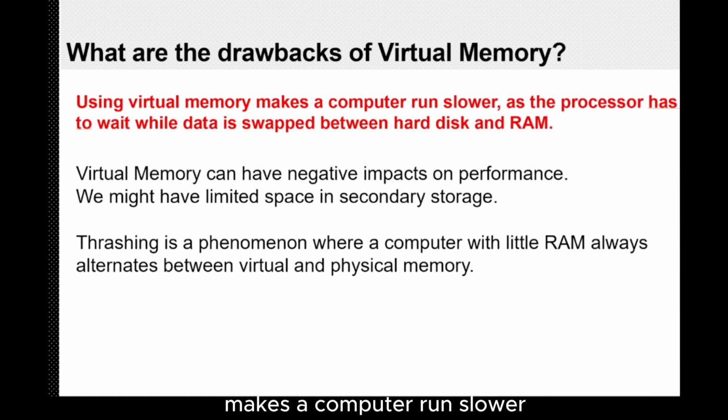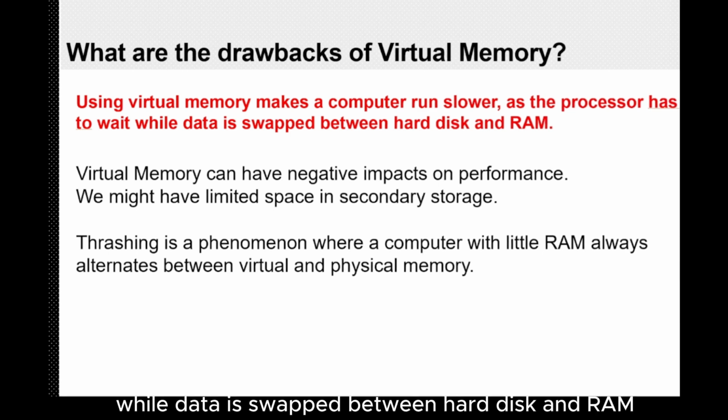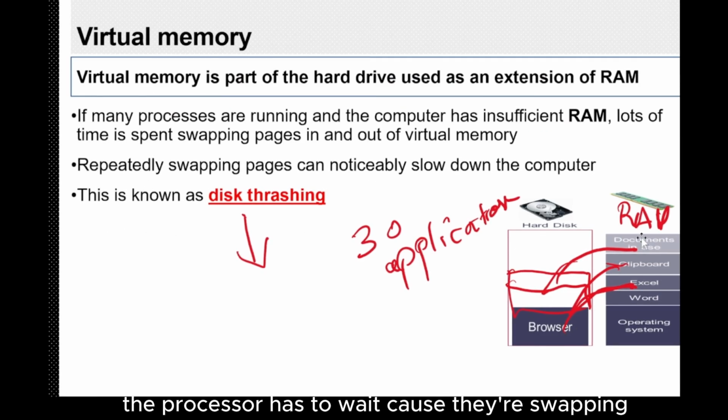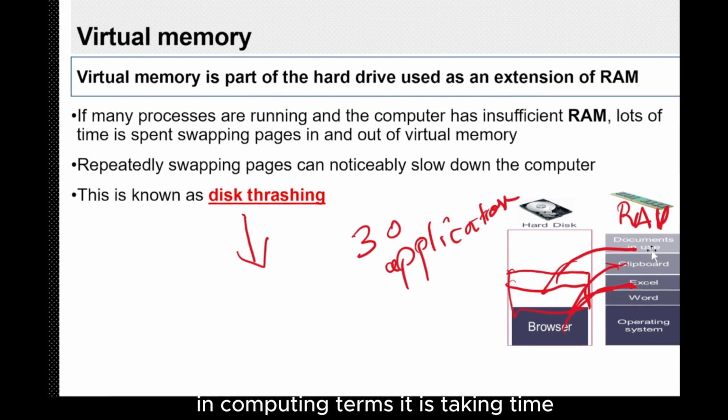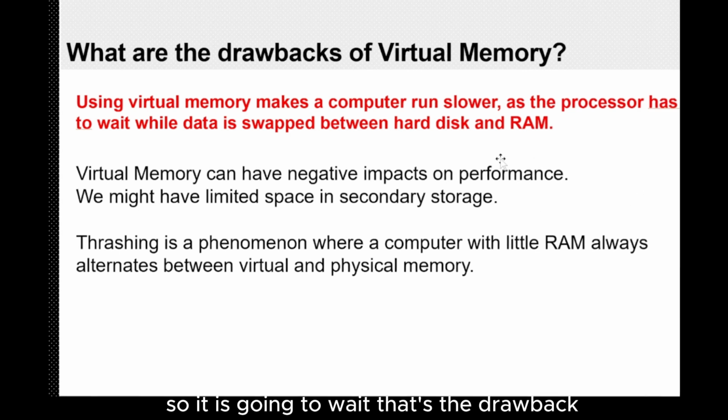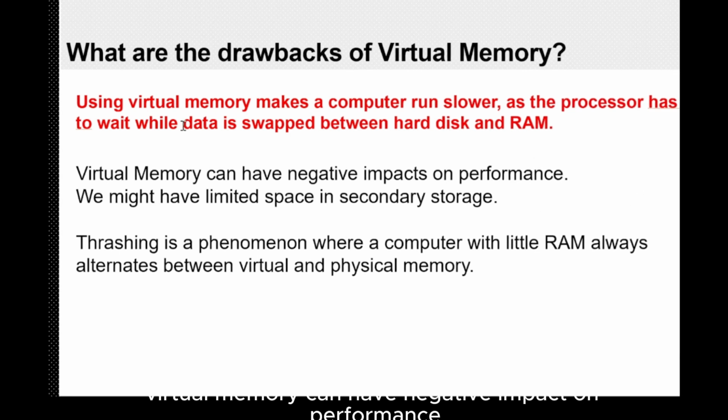Using virtual memory makes a computer run slower, as the processor has to wait while data is swapped between hard disk and RAM. In computing terms, it is taking time, so it is going to wait. That's the drawback.